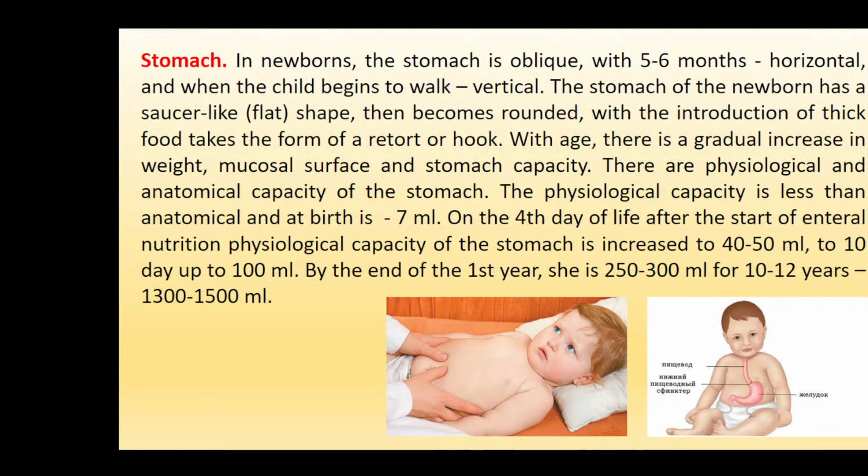The physiological capacity is less than anatomical, and at birth it's just only 7 milliliters. On the first day of life after the start of enteral nutrition, physiological capacity of stomach increases to 40-50 milliliters, to 10 days up to 100 milliliters.